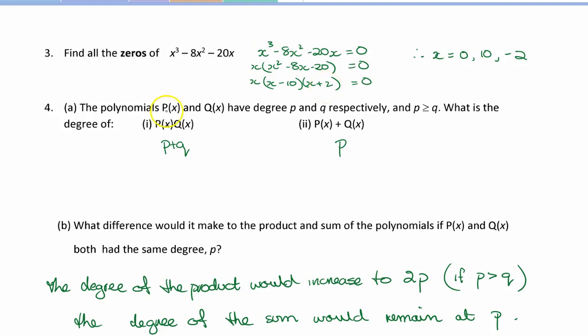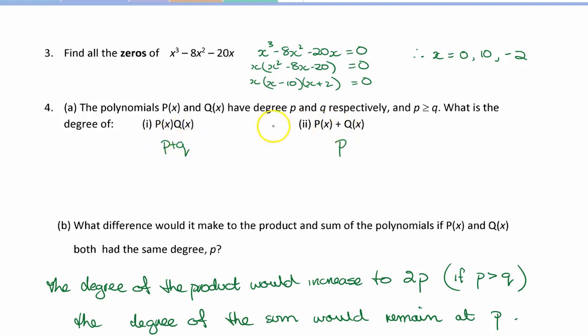The polynomials p of x and q of x have degree p, so the highest power of p of x is p, and q of x has highest power of x as q, and p is bigger than q. What is the degree when we multiply them? Well, think about what you do to your indices when you multiply your x terms. You add them.